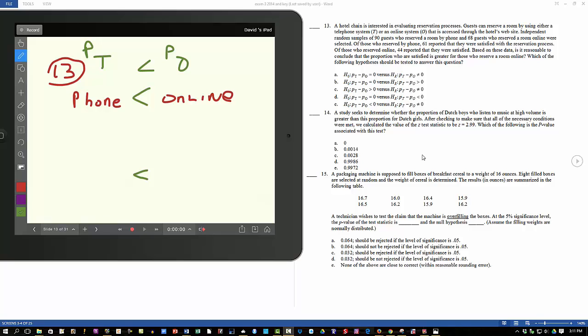Number 14, looking at a difference between proportions, we get a Z value of 2.99, and let's see here, we're looking at, is it greater than, so we have a one-tailed test and a Z score of 2.99. So that's just like any other Z that we've computed before.